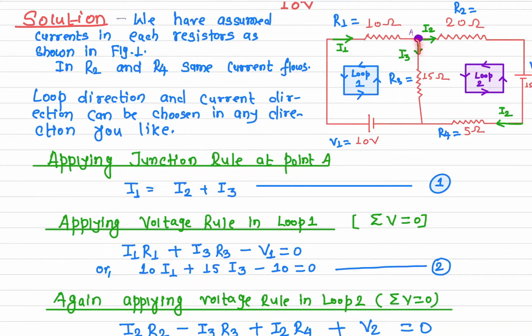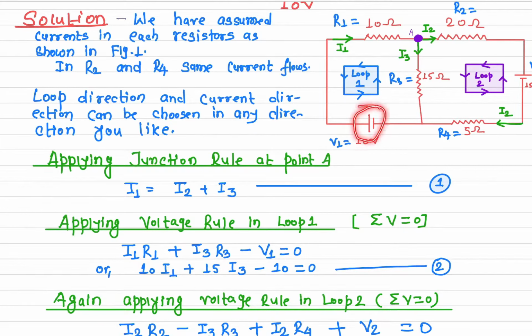Now let's look at this resistor here. Here the current is downward and the loop direction is upward. Both are again opposite, so you consider it positive. This is the resistor with current I3, so simply writing 15 times I3.